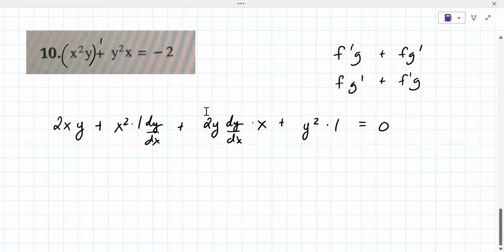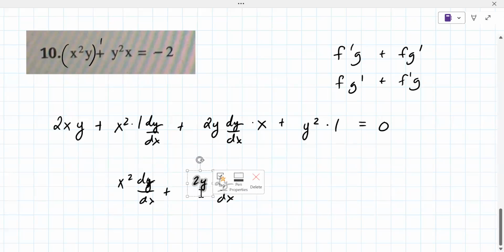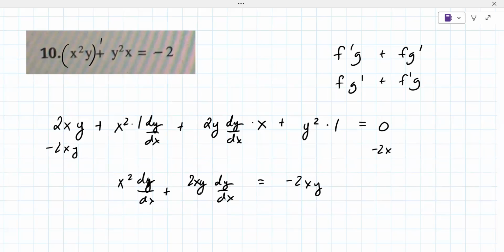Yeah. Okay. So again, you move the non-dy/dx terms to the other side. So it's going to be x squared dy/dx on the left plus 2xy dy/dx, with the x moved in front, equals minus 2xy, because we're subtracting that from both sides, minus y squared, because we're subtracting that from both sides.